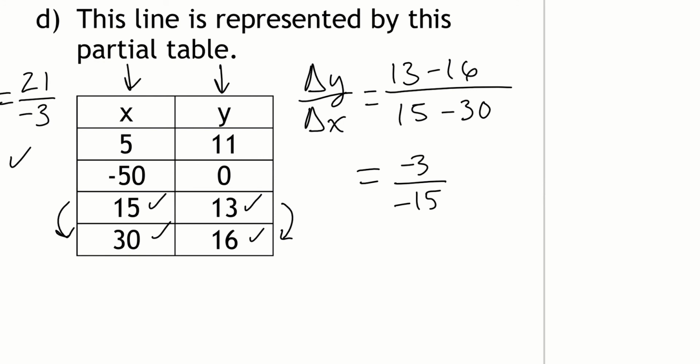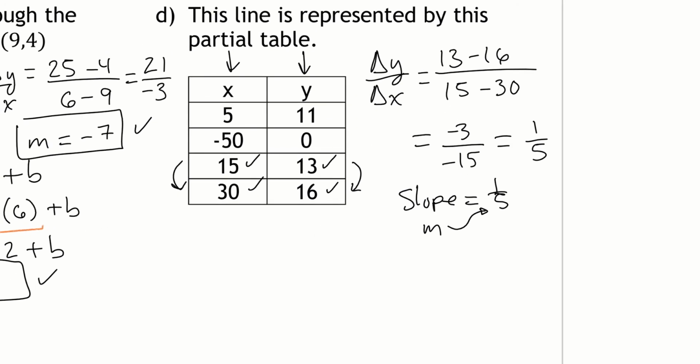So I end up with negative 3 over negative 15, but I know 3 and 15 can be simplified. They have a common factor of 3. And since they're both negative, this is equivalent to 1/5. Okay, so I know my slope parameter. Slope is 1/5. That's what m is, my slope parameter.